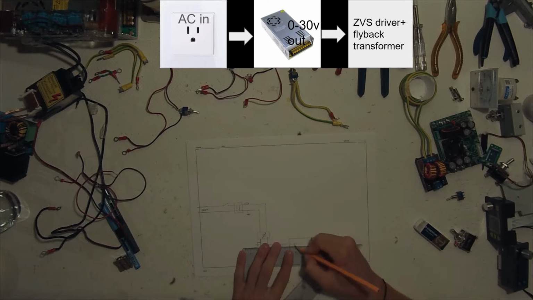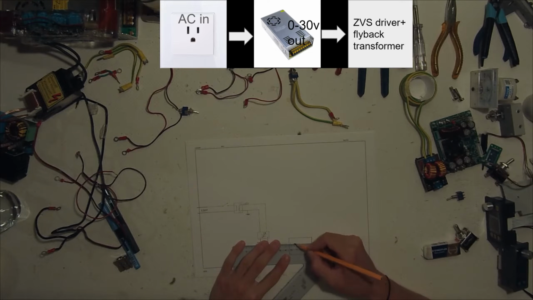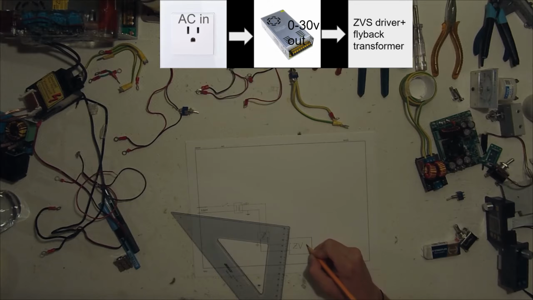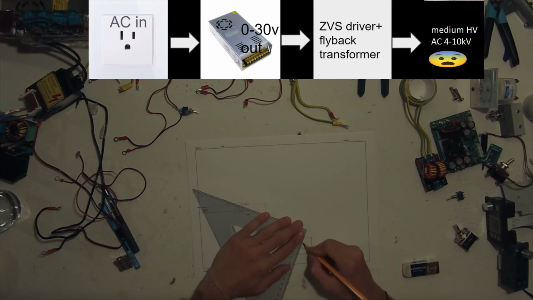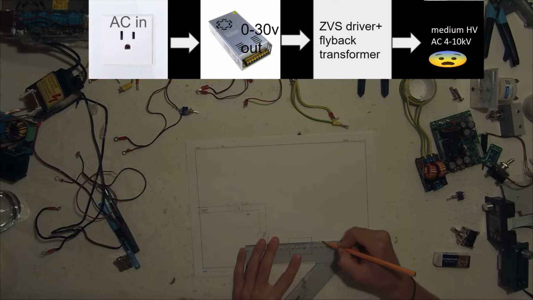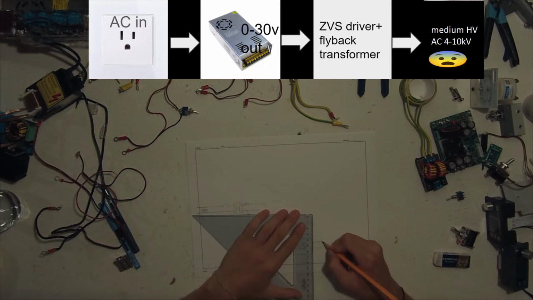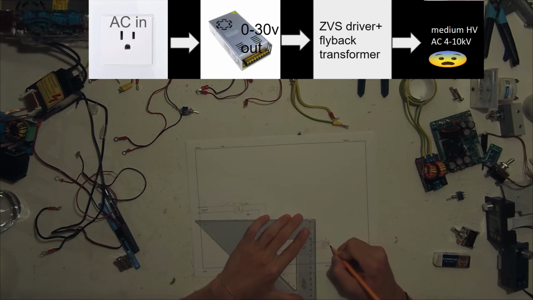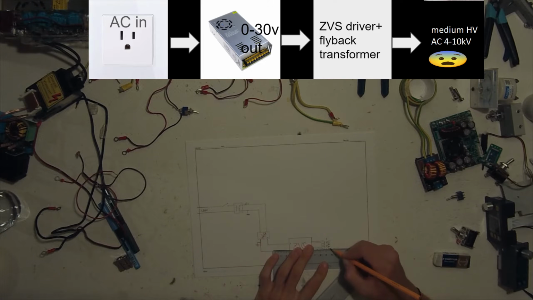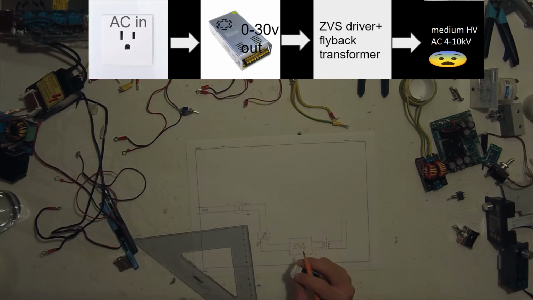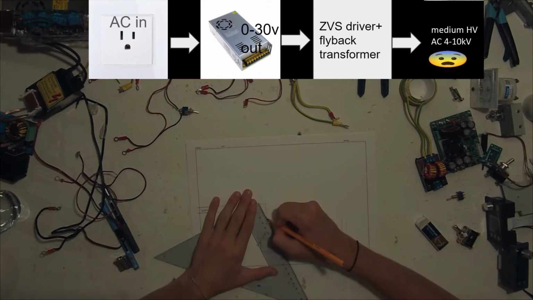The flyback transformer is what converts the low voltage direct current input of the ZVS driver to a high voltage alternating current output that is then needed for the next component, which will transform the alternating current to a higher level direct current, so higher potential output.